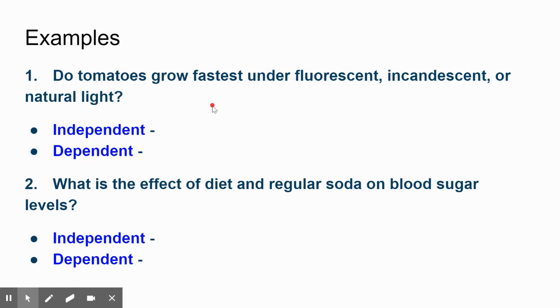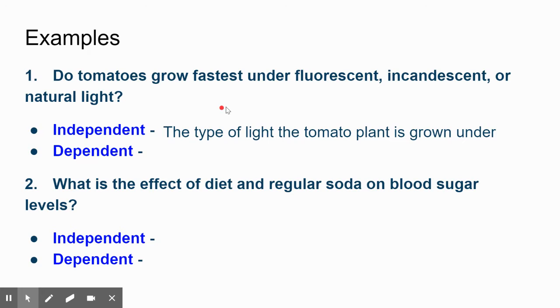So the independent variable is the type of light the tomato plant is grown under. The dependent variable, what happens, is the rate of growth of the tomato plant. That's the result. The rate of growth depends on the type of light the tomato plant is grown under.